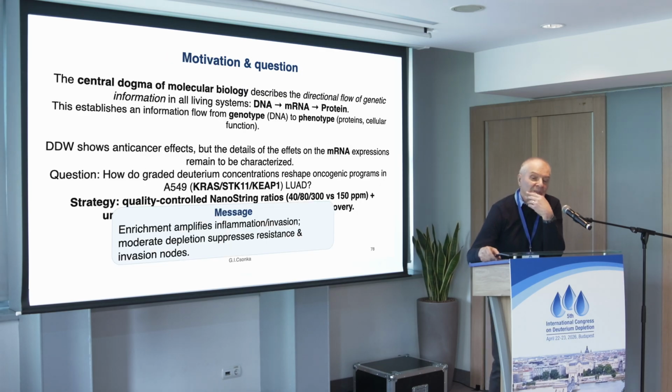So what is our motivation? I showed the biological logic behind this study. The central dogma defines a direction of flow from DNA to messenger RNA to protein, meaning that any isotopic perturbation must first manifest in the messenger RNA expression.